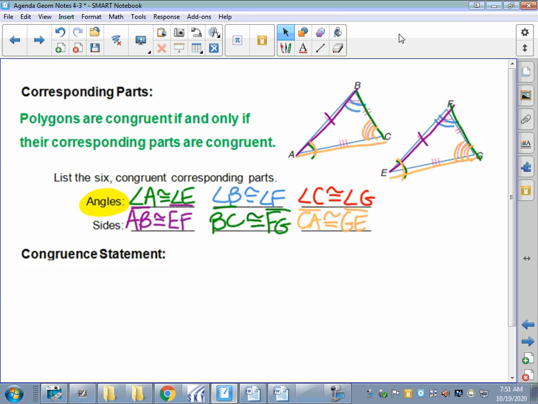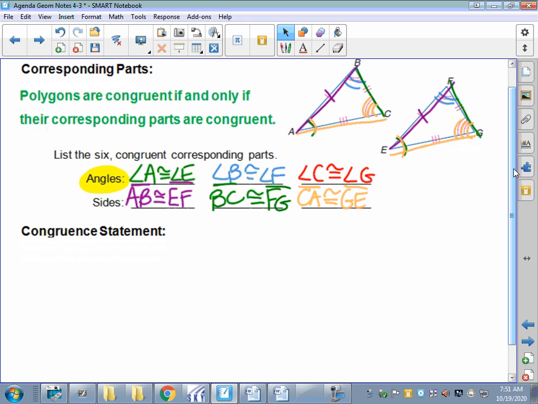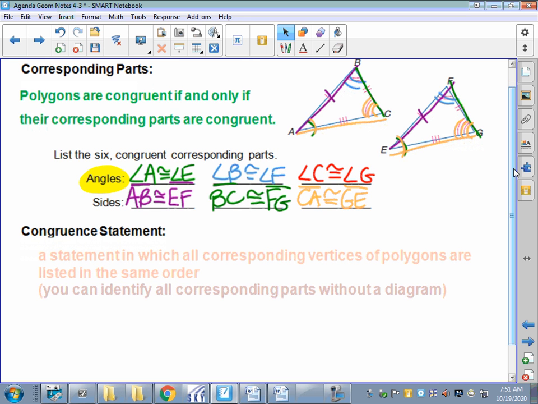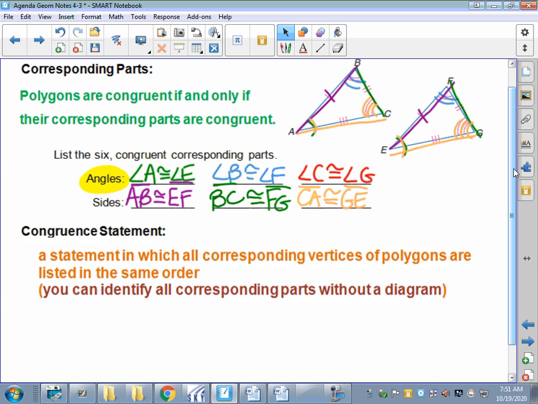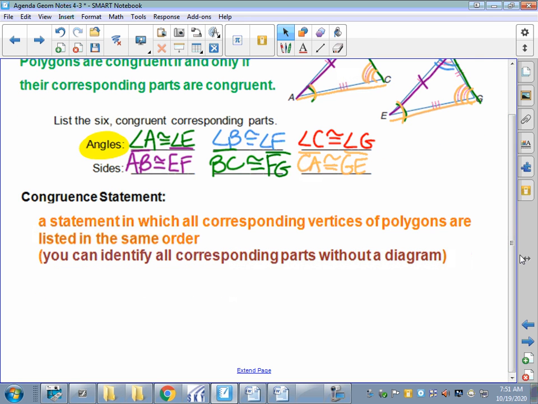So a congruent statement is a statement in which all of your corresponding vertices are listed in the same order. You can identify all the corresponding parts without a diagram if you have a congruent statement.